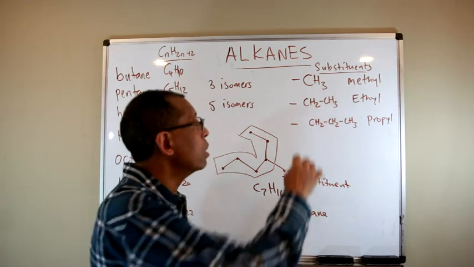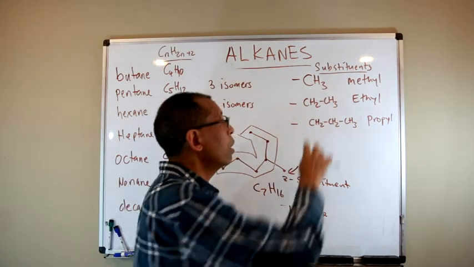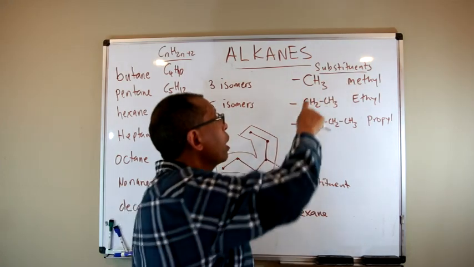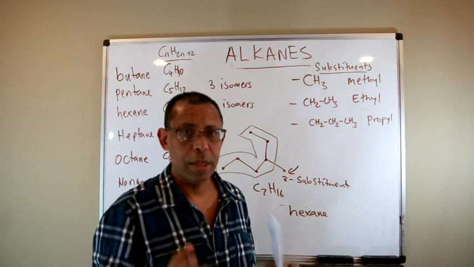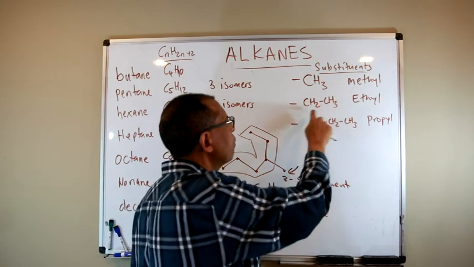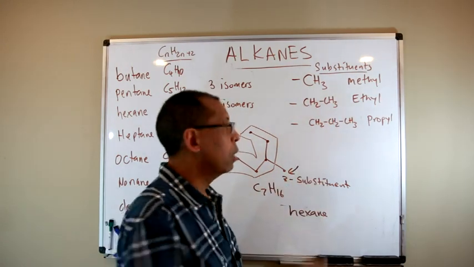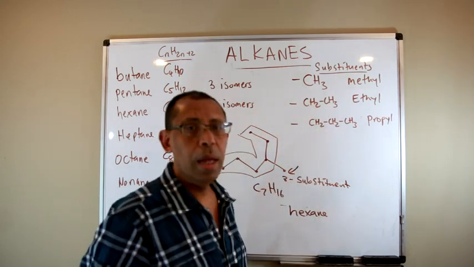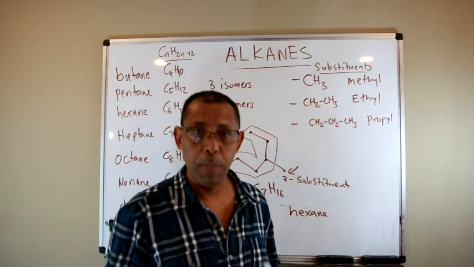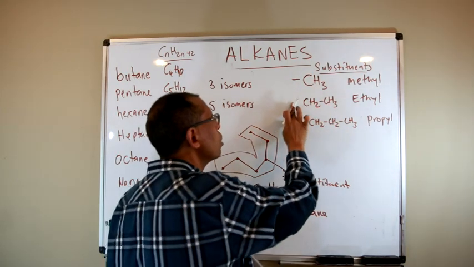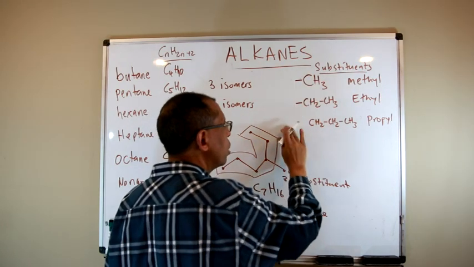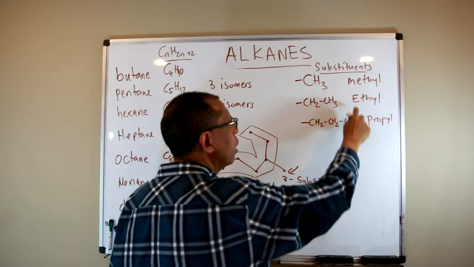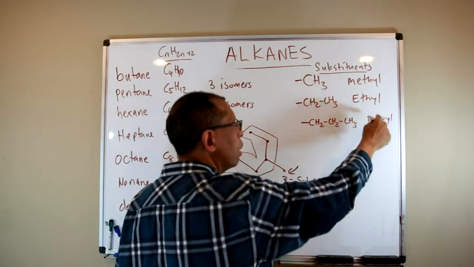Remember now, substituents versus full compounds: CH4 is methane, that's the whole compound as a stable compound. CH3CH3 is ethane as a compound. But as substituents on the side chain, they are called methyl, ethyl, propyl.